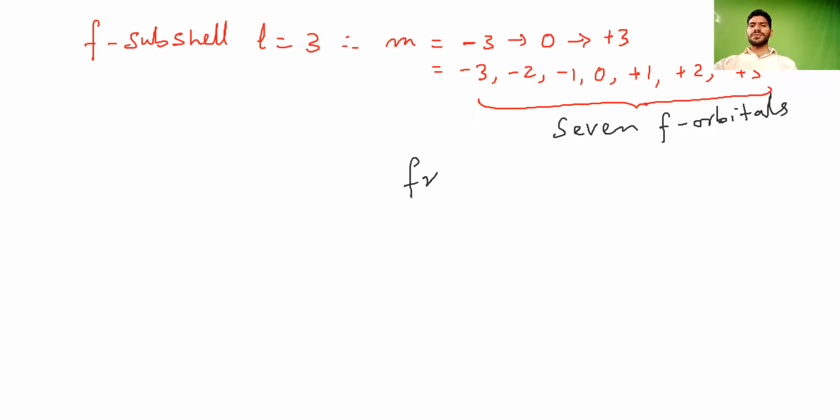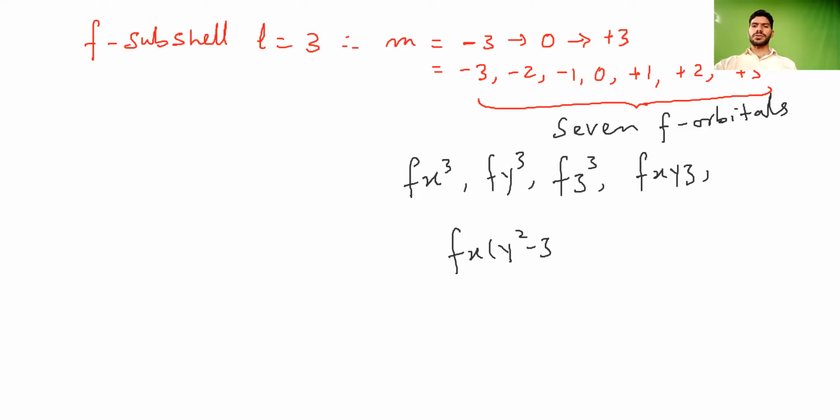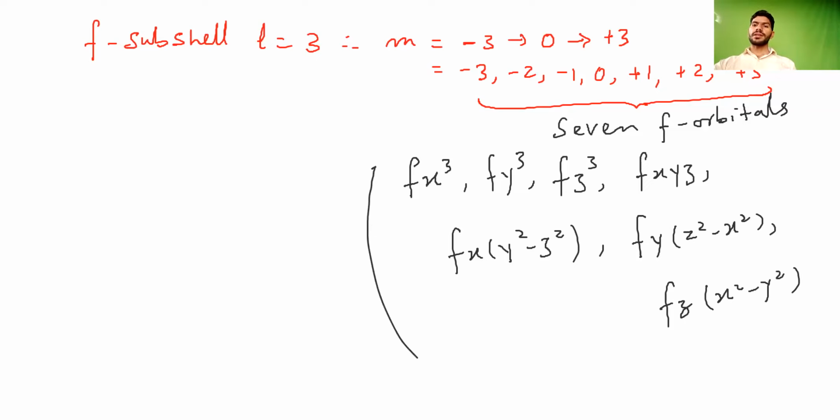One is fx cube, another is fy cube, another is fz cube, another is fxyz, another is fx(y square minus z square), another is fy(z square minus x square), and the last one is fz(x square minus y square). So these are your 7 f orbitals. Got it?